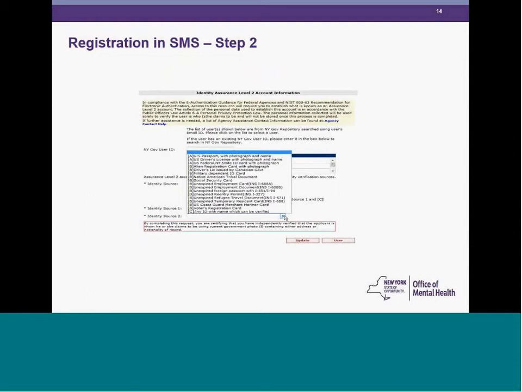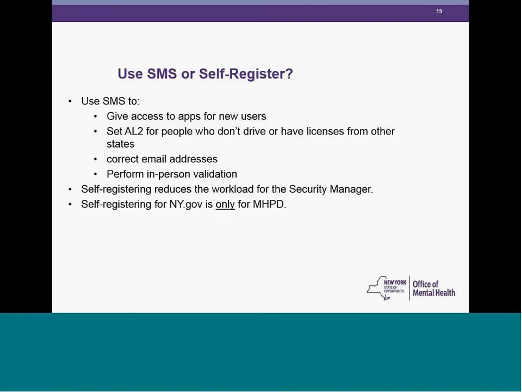The security manager may register you by entering the same information that was requested in the self-registration application, or may certify that he or she has reviewed 2 of the identity sources listed. The security manager will find instructions for creating your NY.gov account in the MHPD section of the reference manual found on the SMS homepage. The URL for the SMS homepage will be printed on the screen at the end of this presentation.